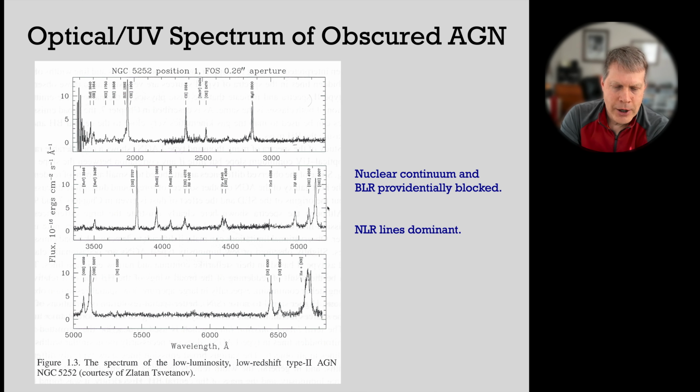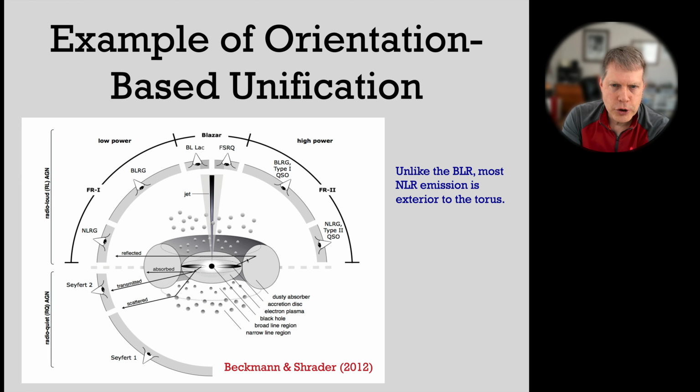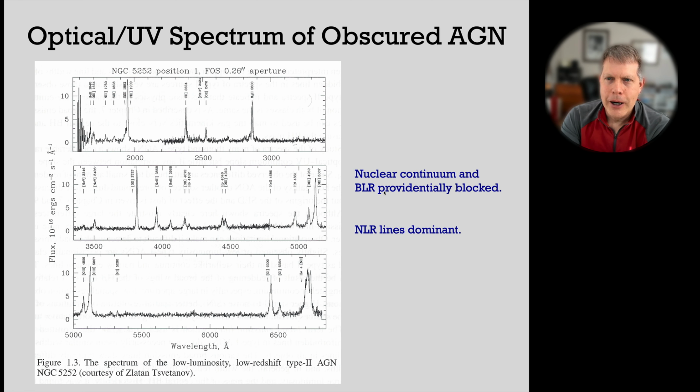So in this case, you are utilizing this obscuring material to providentially block the nuclear continuum and the BLR lines. The NLR lines are dominant throughout the spectrum, and you can see them very prominently here. Here are the oxygen 3 lines. They're also plotted there. Notice the strong oxygen 1 here, and the various other NLR lines here stand out quite prominently.